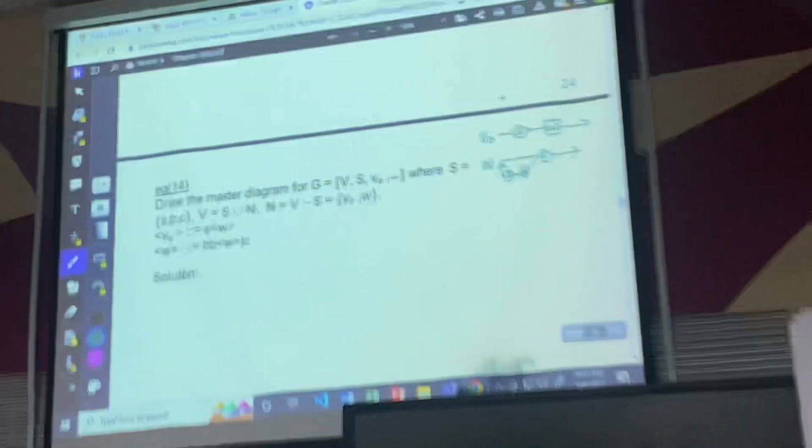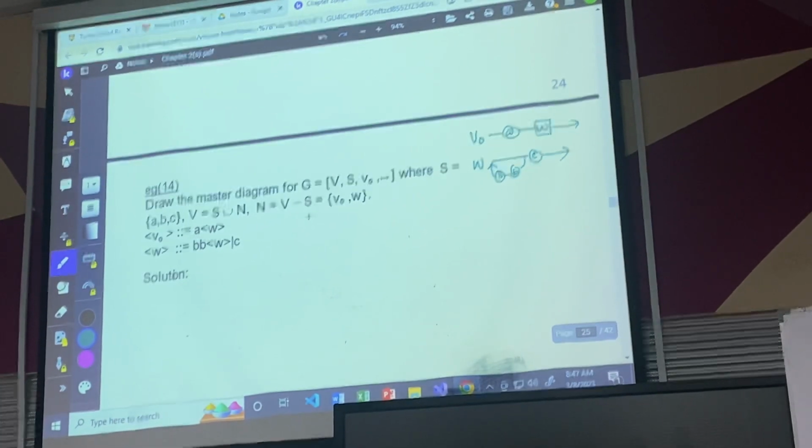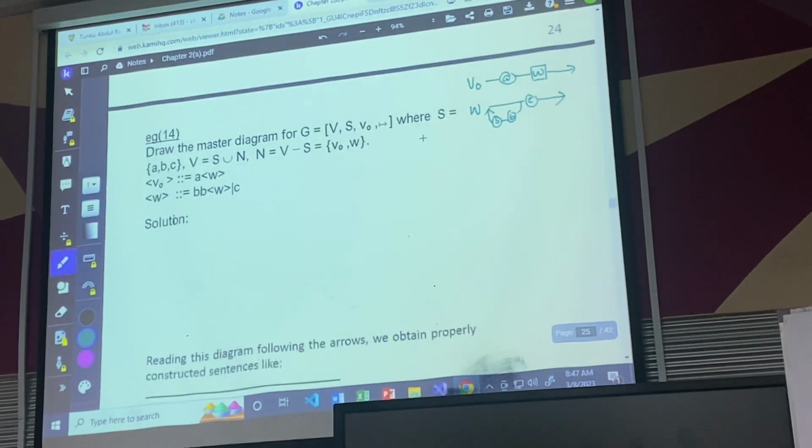Now, when they ask you to draw the master diagram, meaning that you need to combine these two together. So, how to combine these two? The starting point is V0, so we will go to AW first. Now, what you need to know for the master diagram is that the non-terminal we will not show in the diagram.